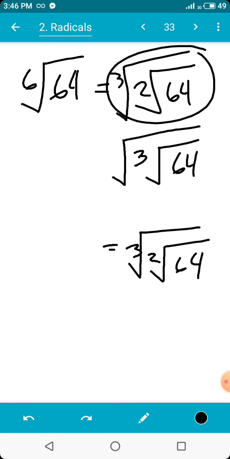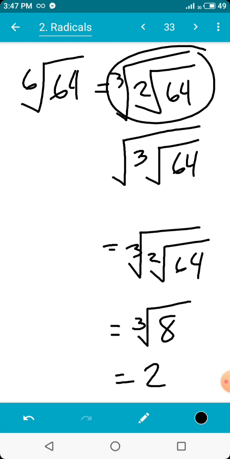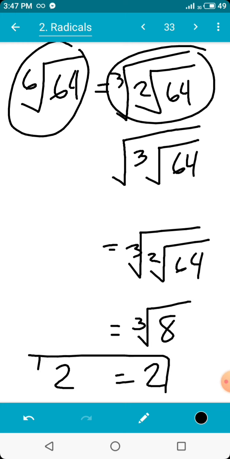Yung square root ng 64 ay what? That is 8. Tama? 8 times 8, 64. And then, saka natin kunin yung cube root niya. And the answer for that is 2. Okay? Now, ang 6 root ng 64 ay 2 din. So, same sila ng sagot.